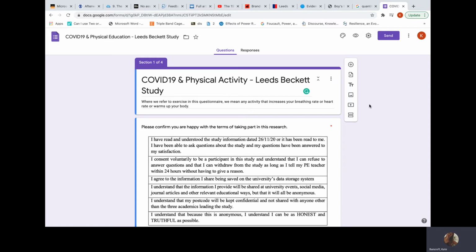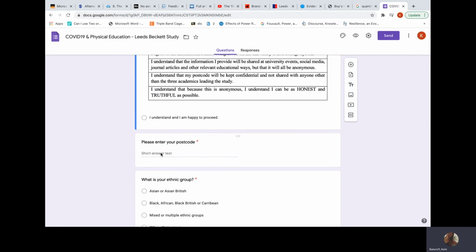But one good thing and one strength of our study is that we ask the students to put in their postcode. And then from that, there's a piece of software that automatically generates what the child's socioeconomic status of their home is like, or what that area is like, so that we can then do further insights based on the children. How do the results differ for children that are from higher levels of socioeconomic status and lower levels of socioeconomic status?